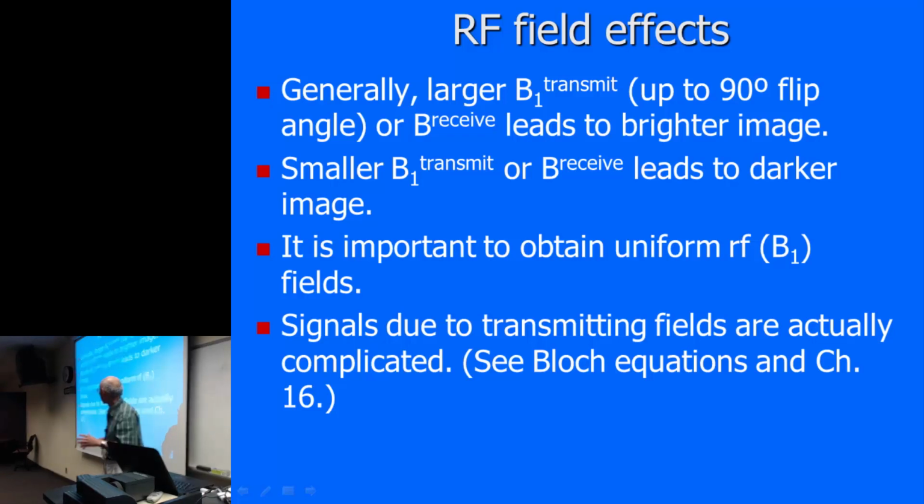Generally speaking, if we have a larger transmit field, meaning the field you learned in chapter 3, so I have these spins pointing along the main field direction like this. You apply this RF field, say in this direction in the rotating frame, then these spins will be flipped onto the transverse plane.